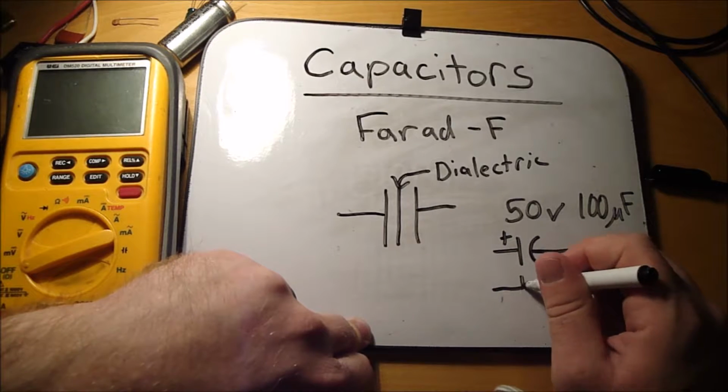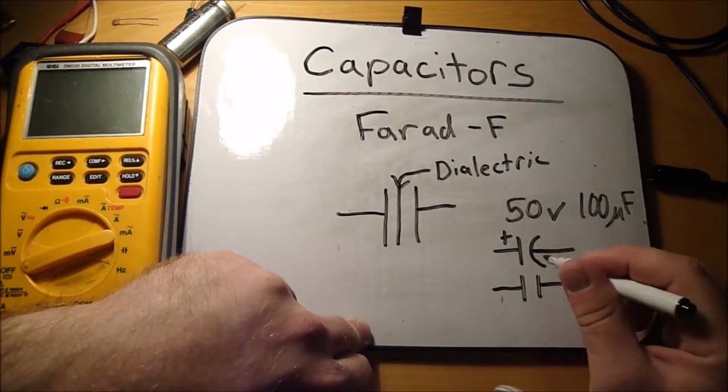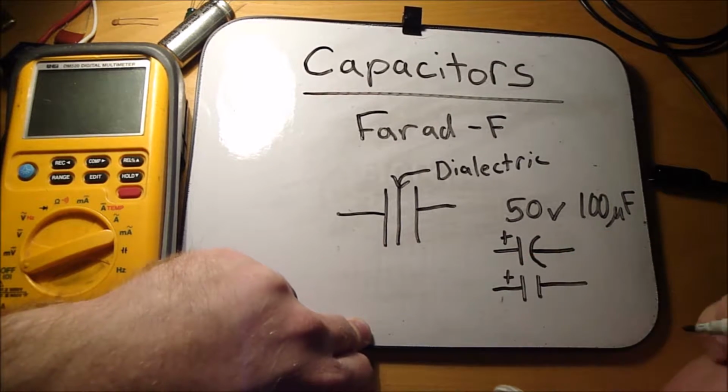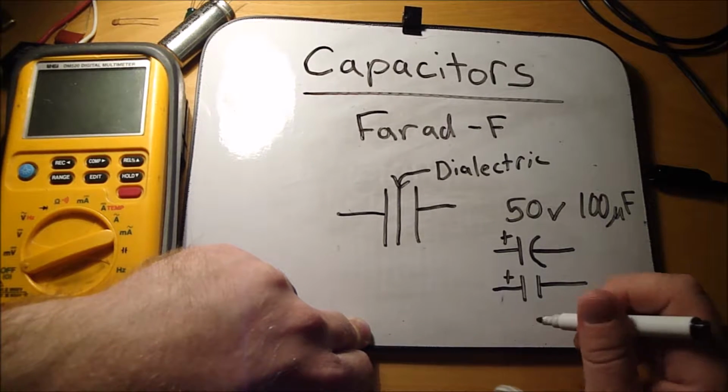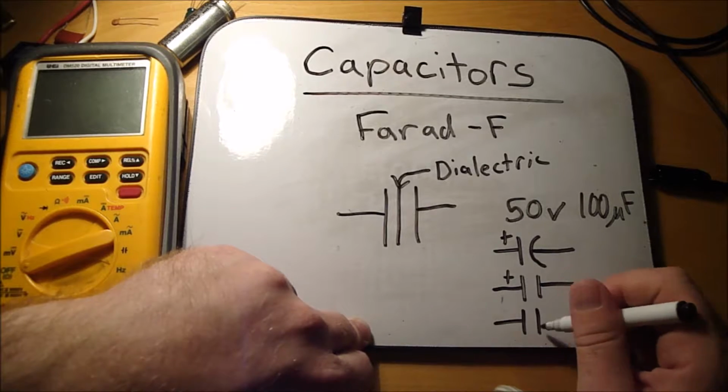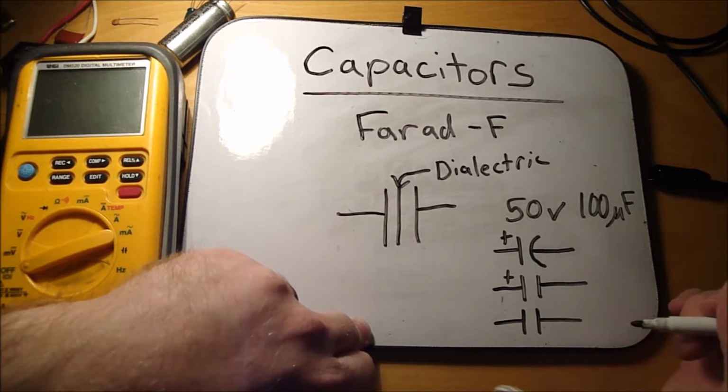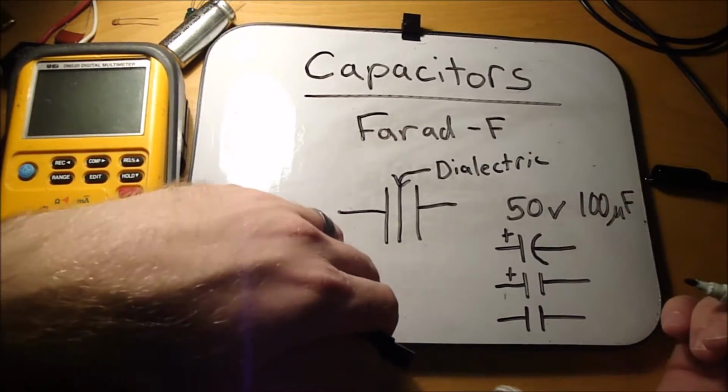Another one you'll see is just two solid lines, and then they'll mark which side is a positive. The non-polarized ones would just look like this. So it can go either way, negative or positive can be on either side.